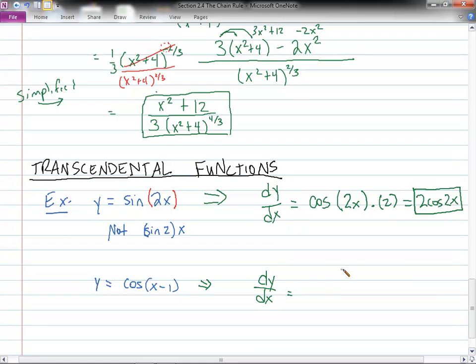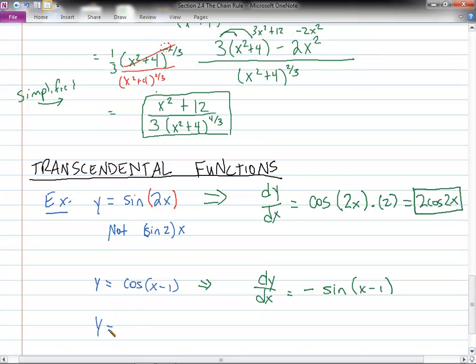Just remember, again, outside, take the derivative, leave the inside alone, and multiply by the chain. Don't forget to multiply by the chain, which is multiplying times the derivative of what's inside. So derivative of cosine is negative sine. Leave the x minus 1 inside. Derivative of x minus 1 is 1.